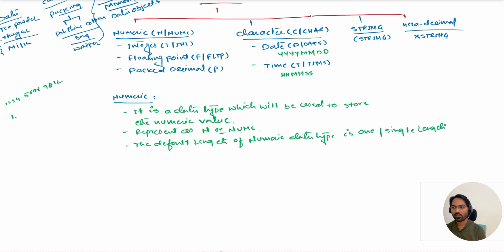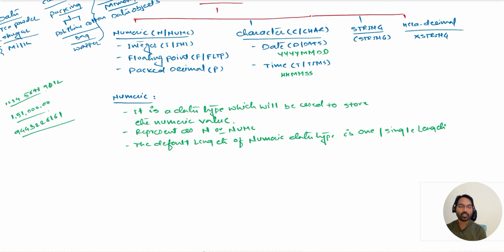It is something like 1,51,000. This is your amount. Or sometimes the amount will be stored in a decimal format. Now this is also a number, and even the mobile number is also a number.